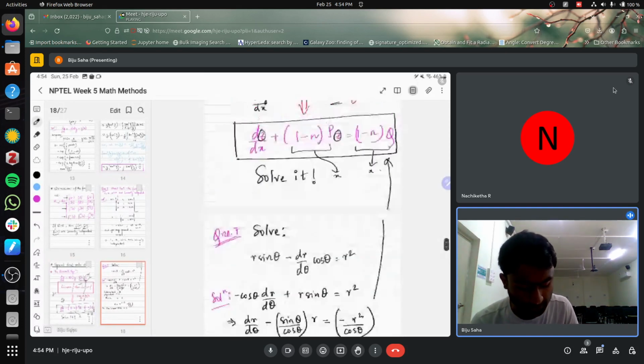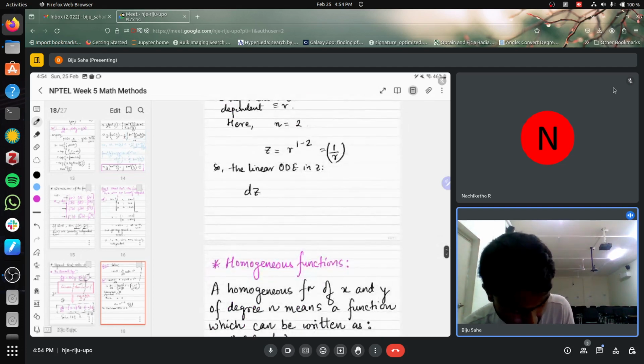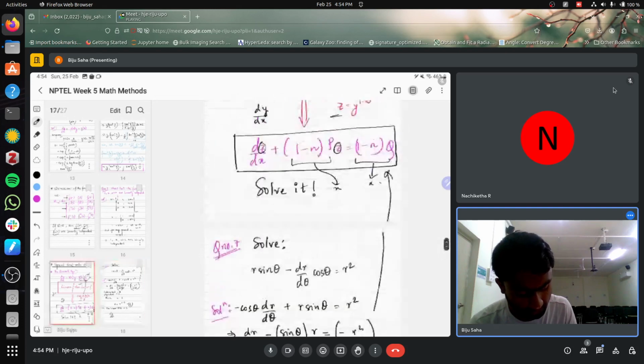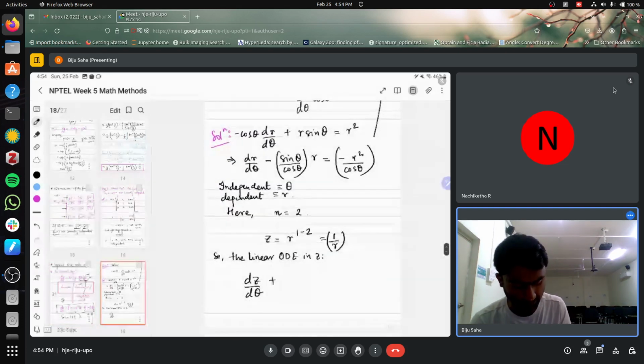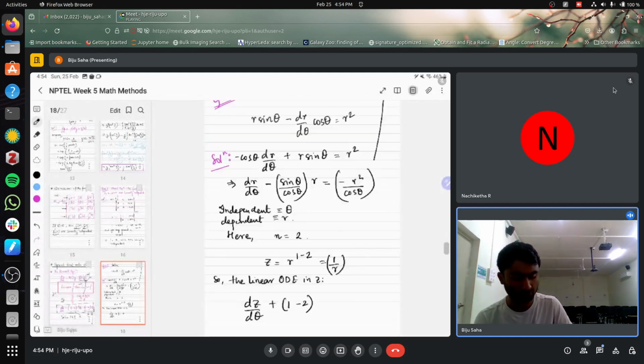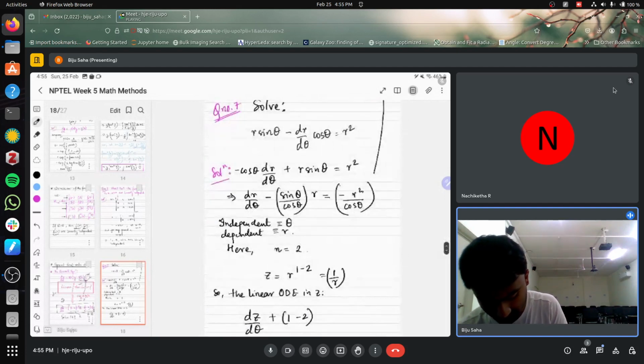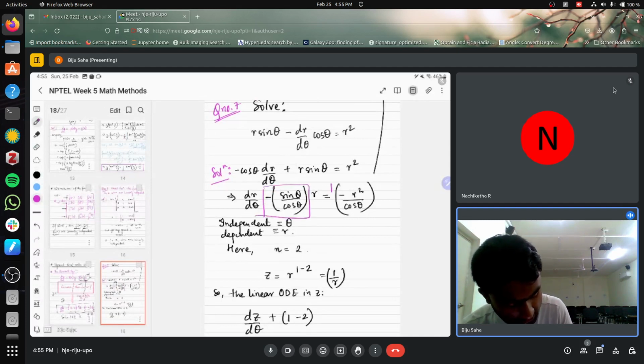So the linear form in z would look like dz by d theta, since my theta is the independent variable here, plus 1 minus n, so 1 minus 2, times p. In this case my p was this, including the minus. So this is my p and this is my q.